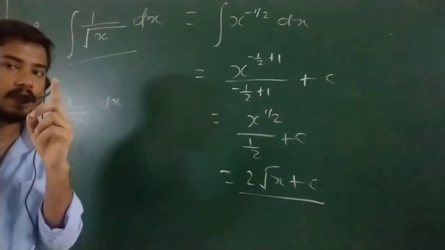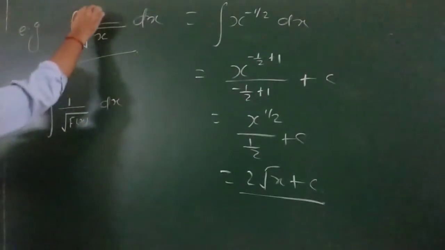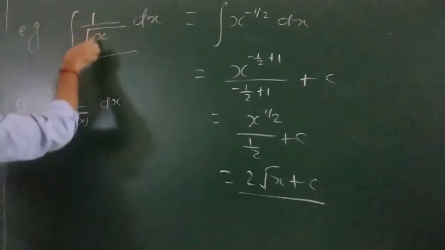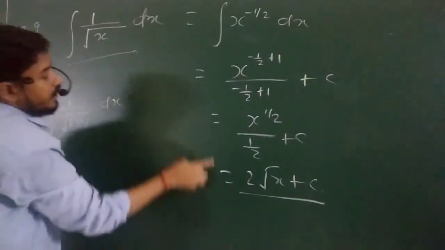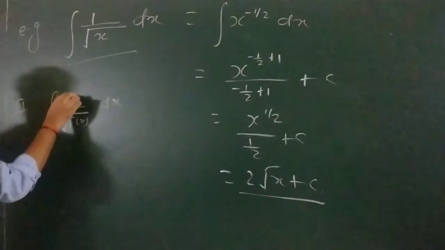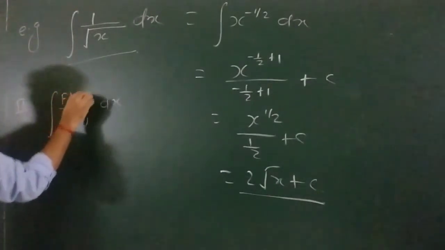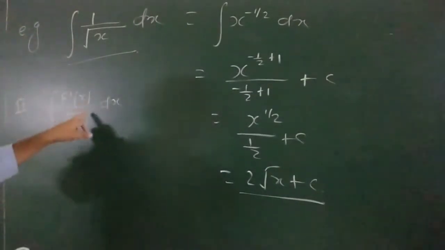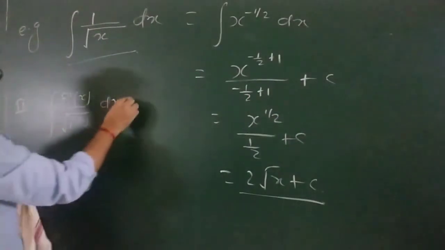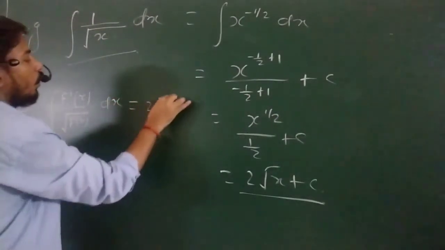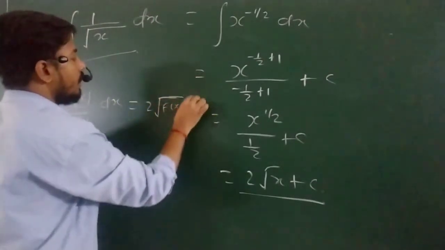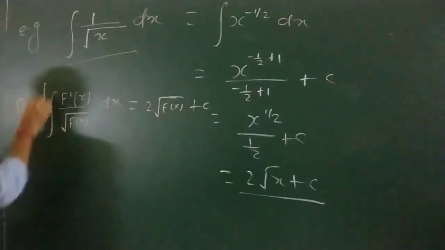Differentiation of x is 1. So differentiation of the function divided by under root f of x, the result should be 2 root f of x, plus c. This should be the result.